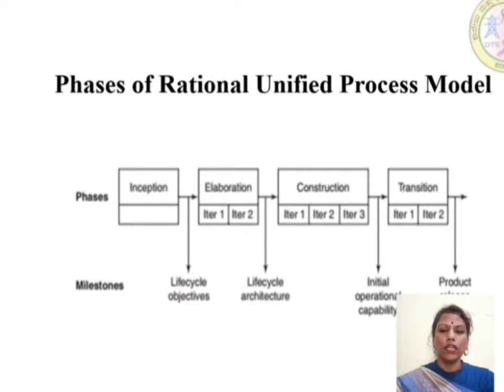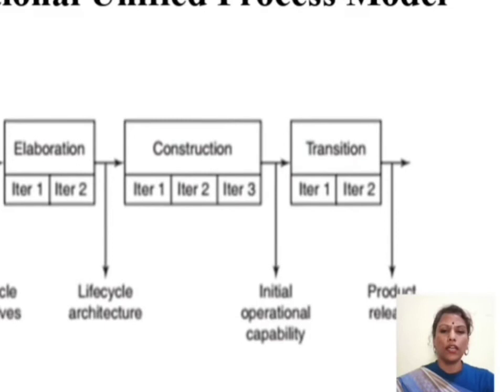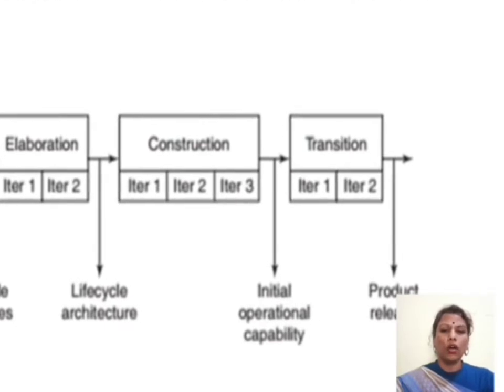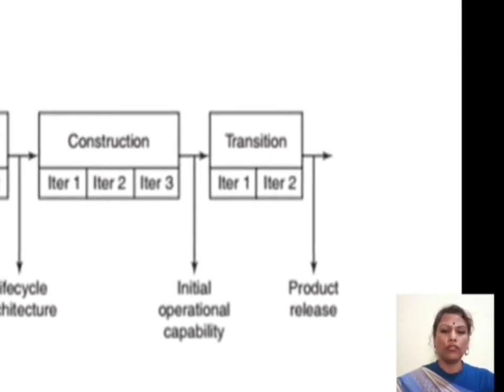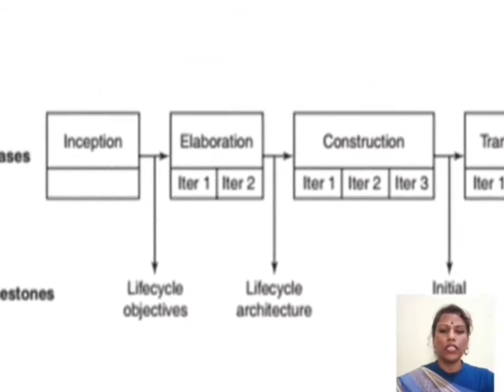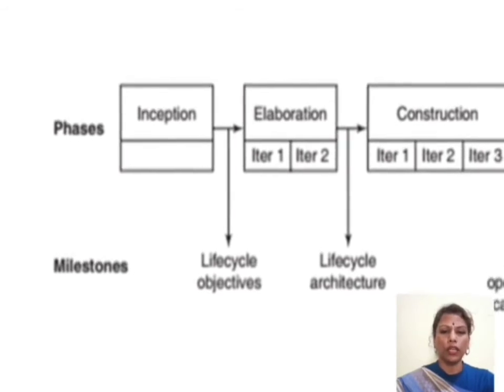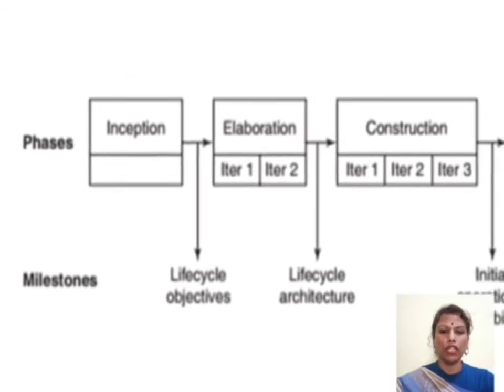The first phase has the milestone of objectives, and the second phase has the milestone life cycle architecture. The third phase has the initial operational capability, and the fourth phase has product release.